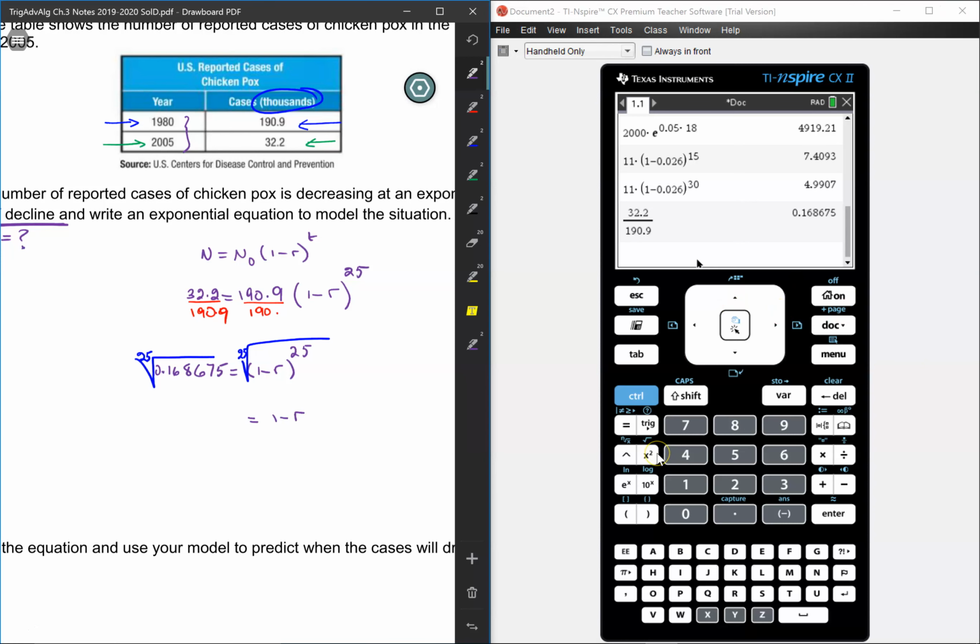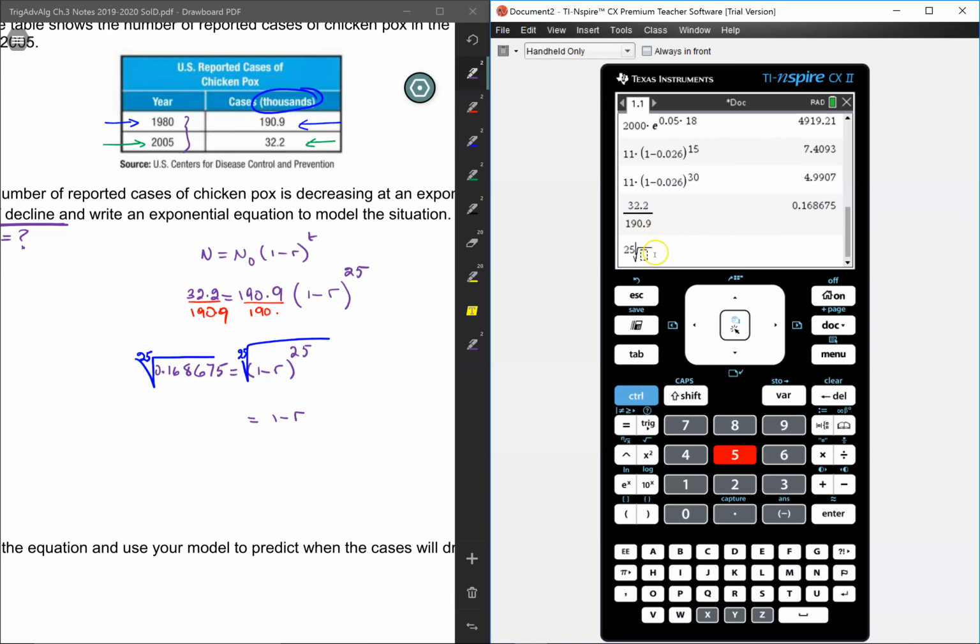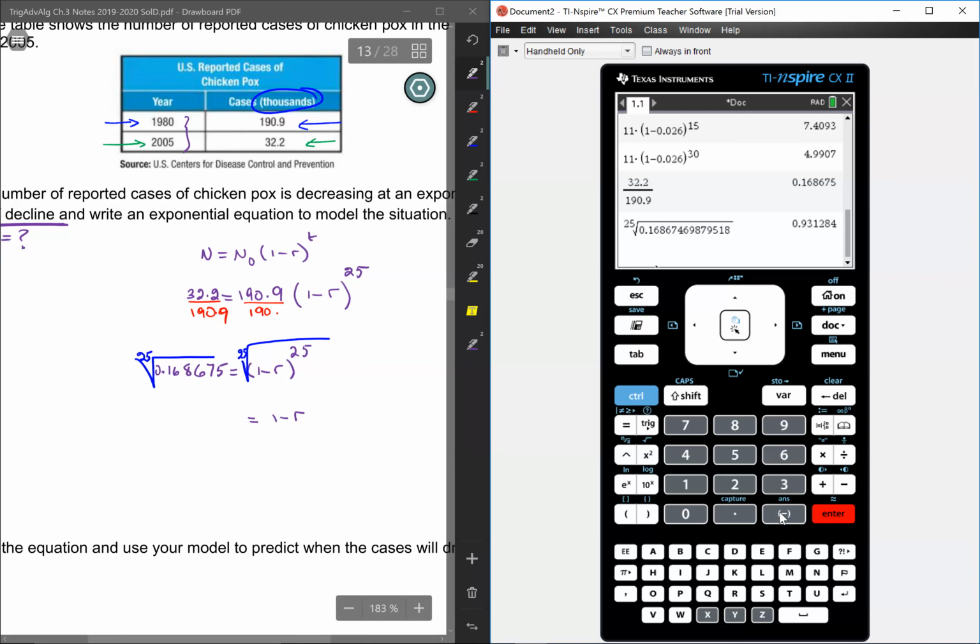In the index, I'm going to put 25. Instead of plugging in the values again, I just put in control, answer. Enter. Answer. It's the negative button. So I get 0.9313.